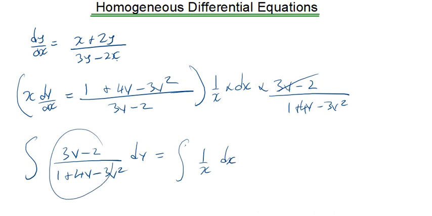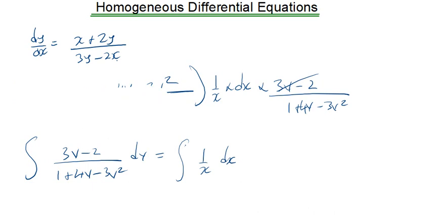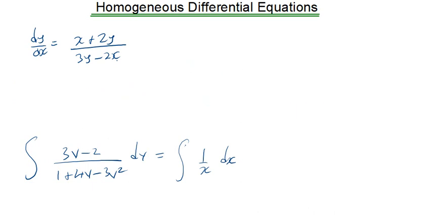Okay, so for this part I'm going to use u substitution. How is it then going to work? I'll let my u be equal to 1 plus 4v minus 3v squared.